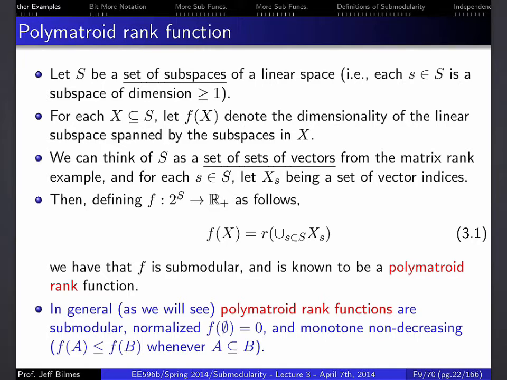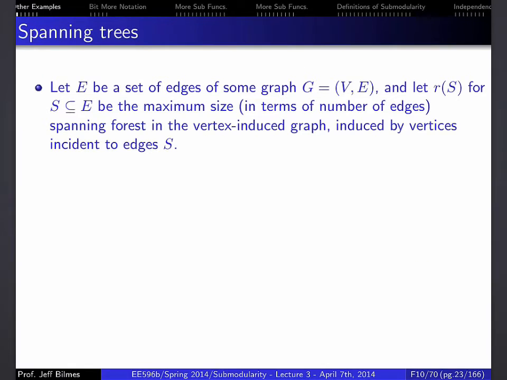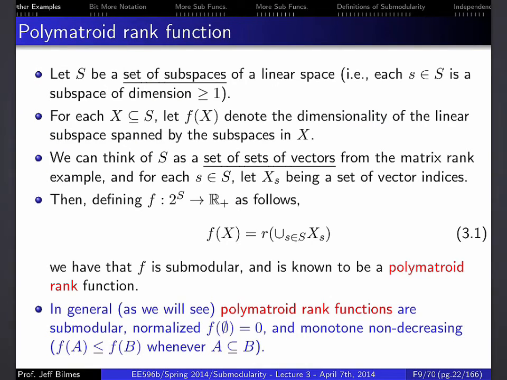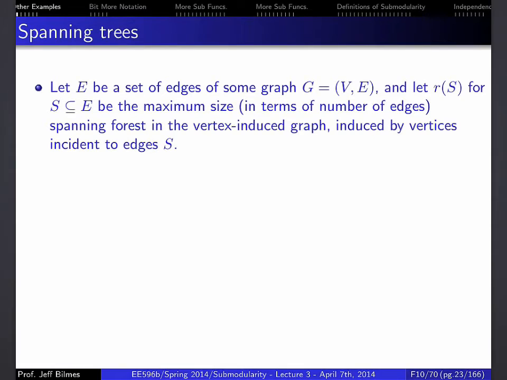Already we've got an extraordinarily powerful class of functions. Now you don't know what a matroid is yet, so you might say, well, why do I care? I don't know what a matroid is. We will spend at least a lecture and a half, possibly 2 or longer, on matroids. But matroids are inextricably connected to the matrix rank function, which we saw before.